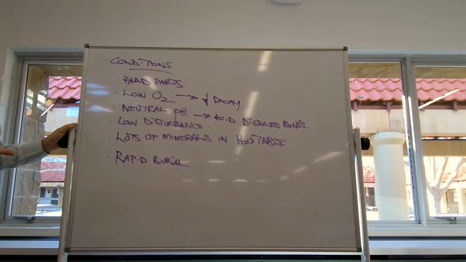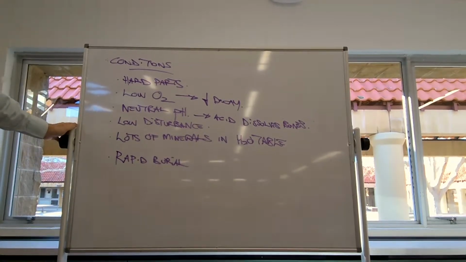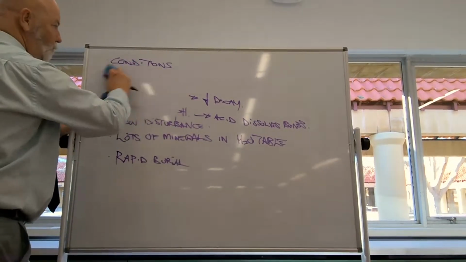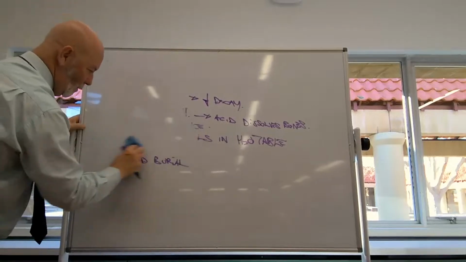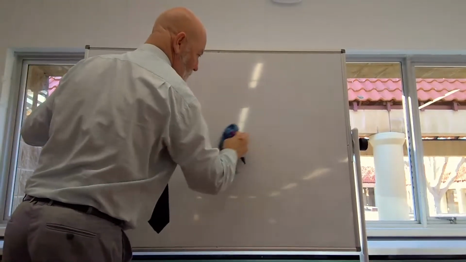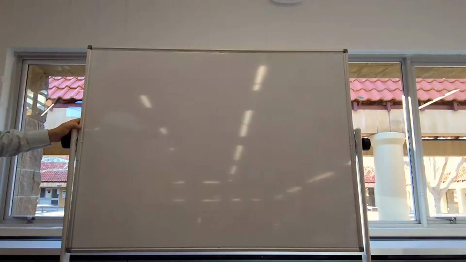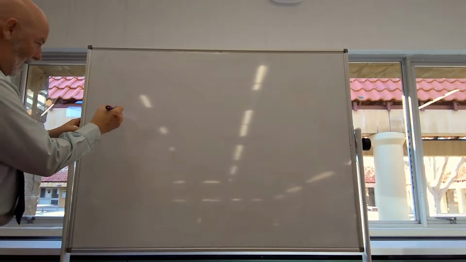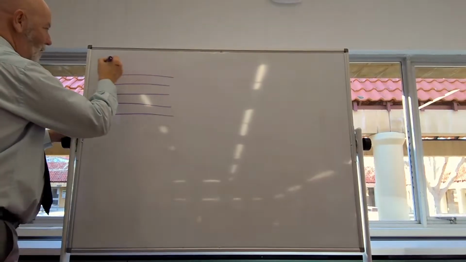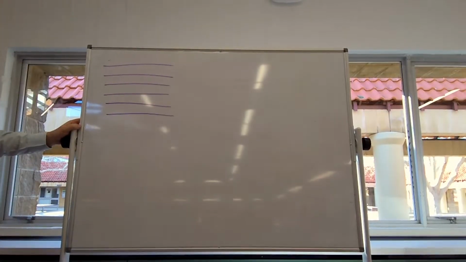Right. Moving on. So now we're getting up to process conditions and that. Oh, let's do law of superposition. Now, this has got to do with the rapid burial. This is about the burial of the fossil. If I've got a layer, and then another layer, and another layer, and another layer, which one's the oldest layer?